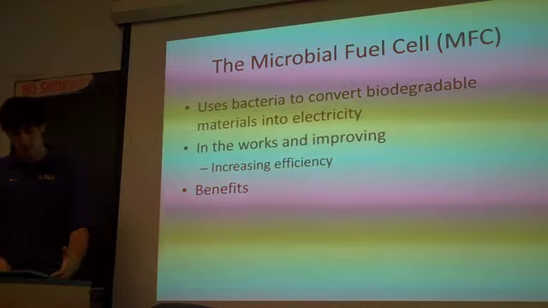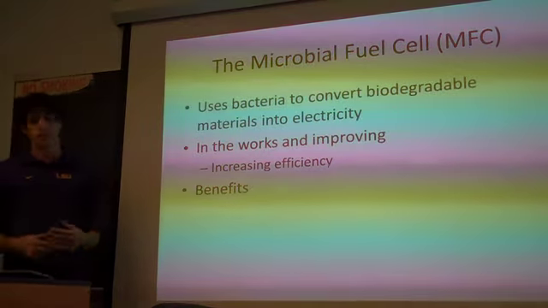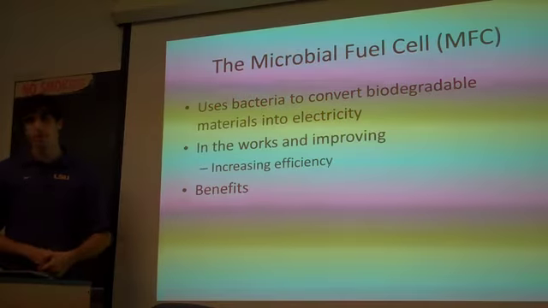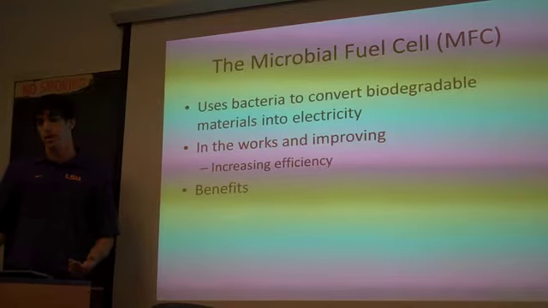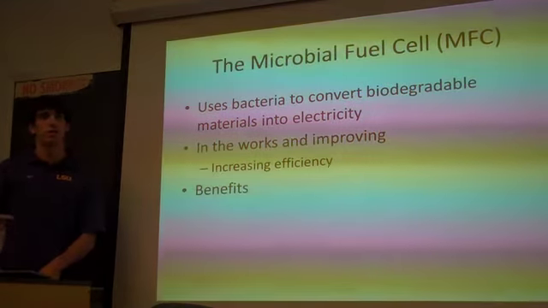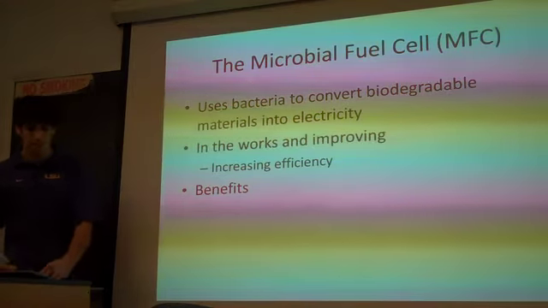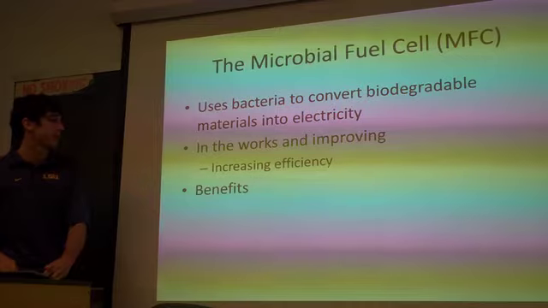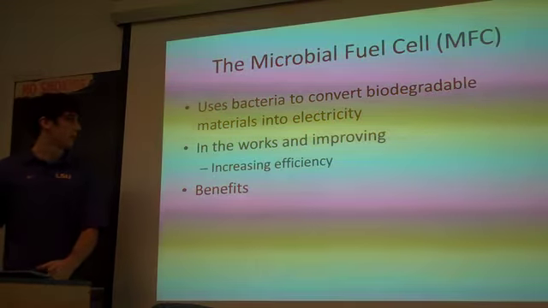Different methods to increase the efficiency would be using different materials to build it, feeding the microorganisms different food, and also enhancing the microorganisms with the desired traits via natural selection or genetic engineering. The benefits of this thing are that it's cheap to manufacture, and there are no harmful byproducts.